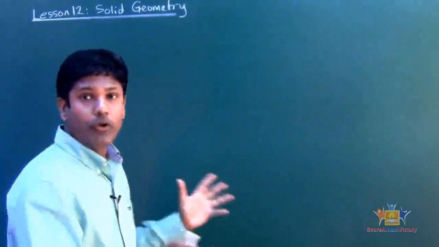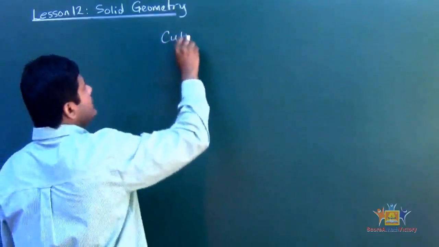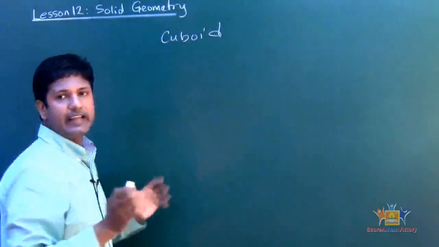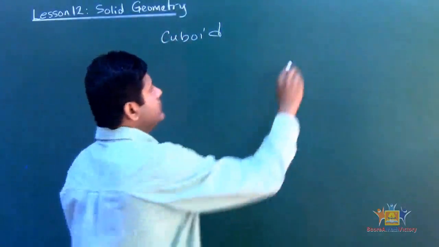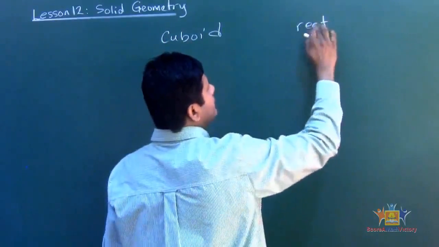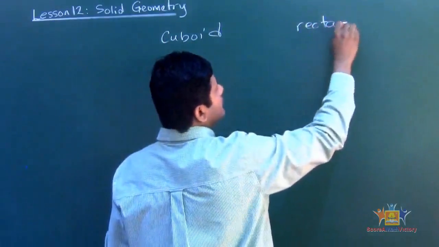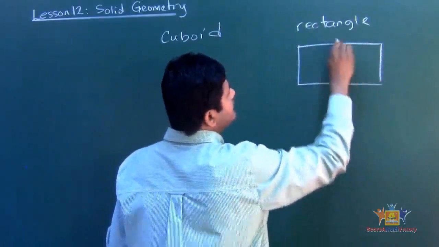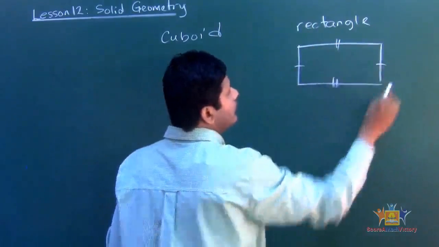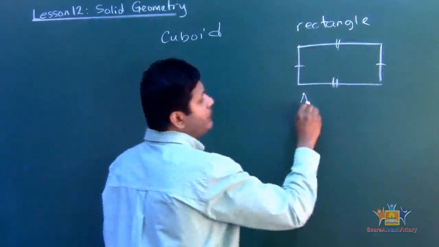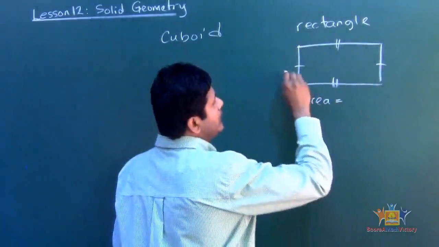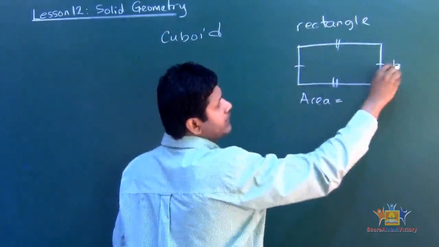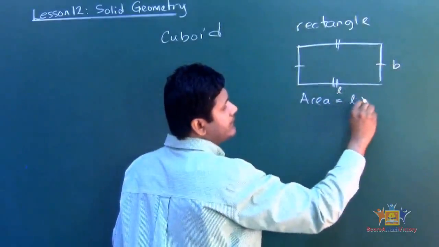For a cuboid, first let's understand the rectangle. We know that for a rectangle, the opposite sides are equal. And what is the area of a rectangle? This is the breadth and this is the length. Length times breadth.